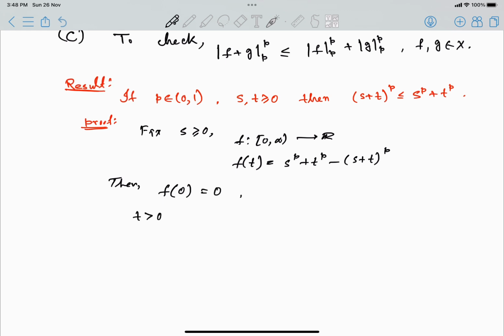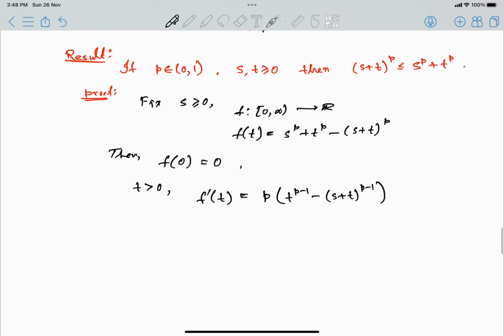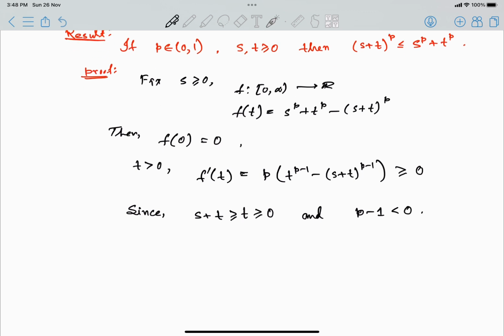And for t strictly bigger than 0, calculate f dash t. What is f dash t? If you calculate, you will get basically t to the power p minus 1 minus (s plus t) to the power p minus 1. And this can be easily shown to be bigger than 0, since s plus t is bigger than t, which is bigger than 0, and as p is between 0 and 1, p minus 1 is strictly less than 0. So we have shown f(0) equals 0 and f dash t is bigger than or equal to 0, meaning f is monotonically increasing and f(0) is 0.